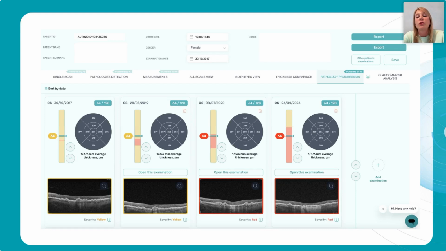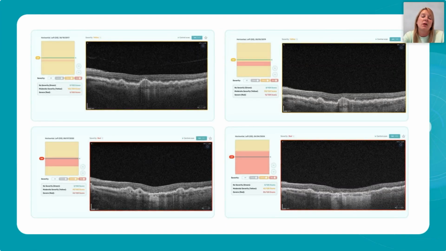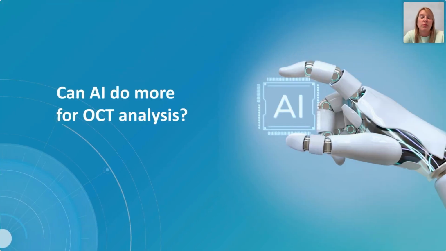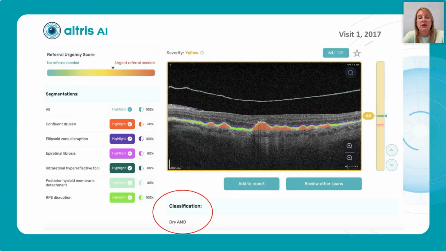And of course, we were following the images, and we can see from one exam to another the development of geographic atrophy from dry AMD. This is how we used to work before. But now we have a question: can AI do more for OCT analysis?